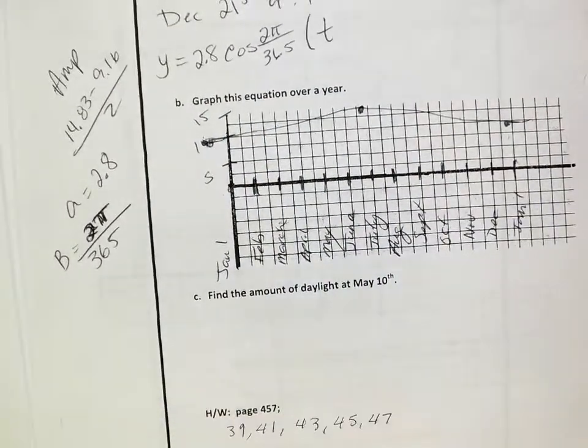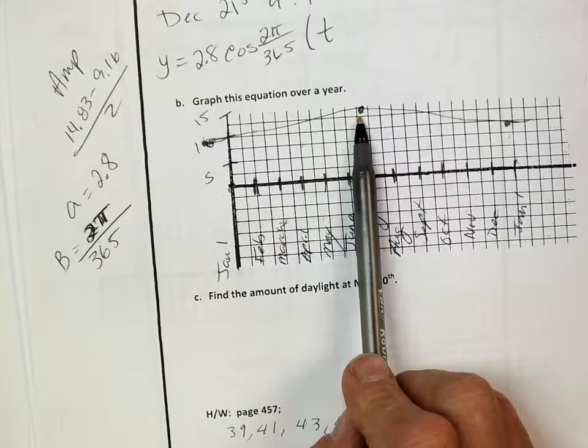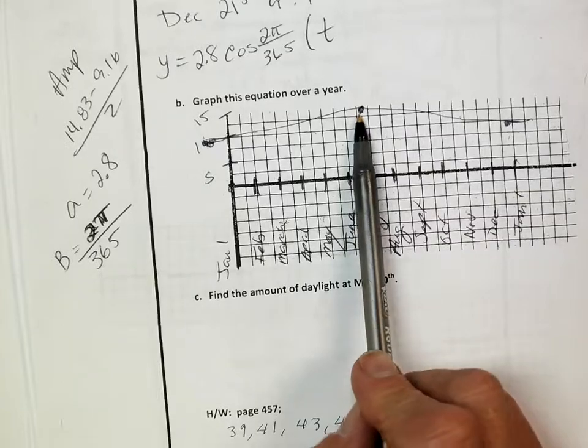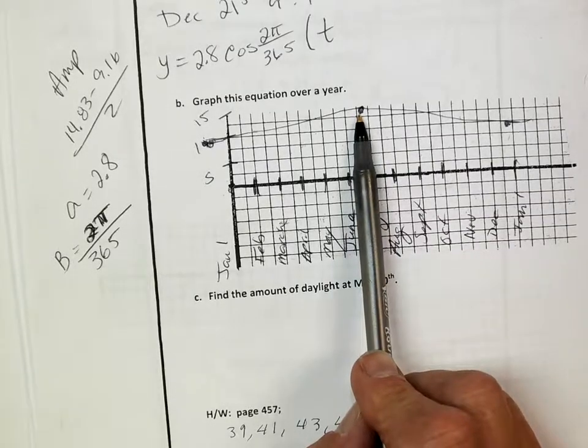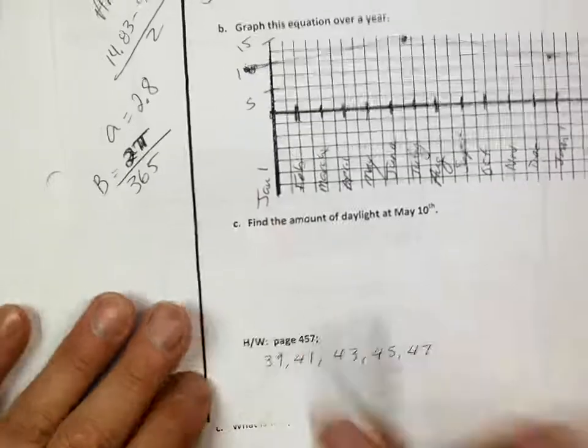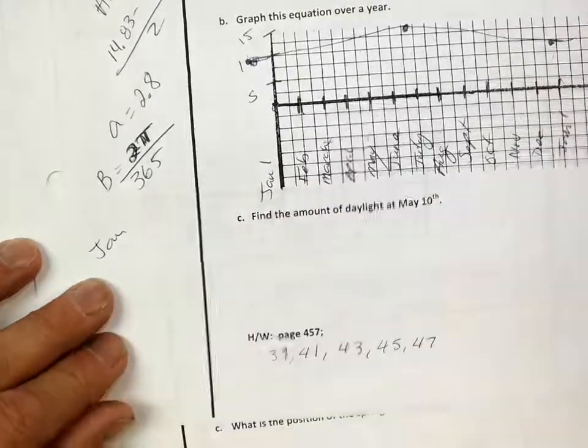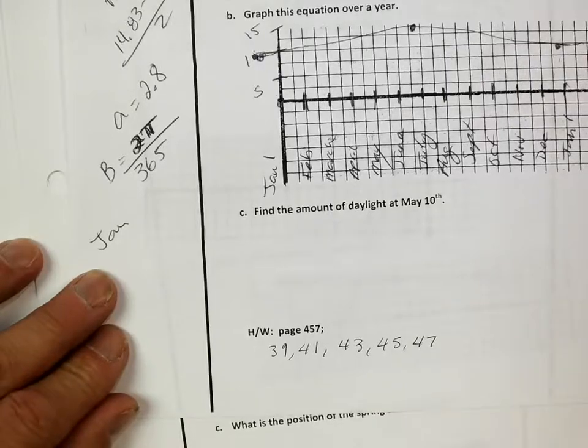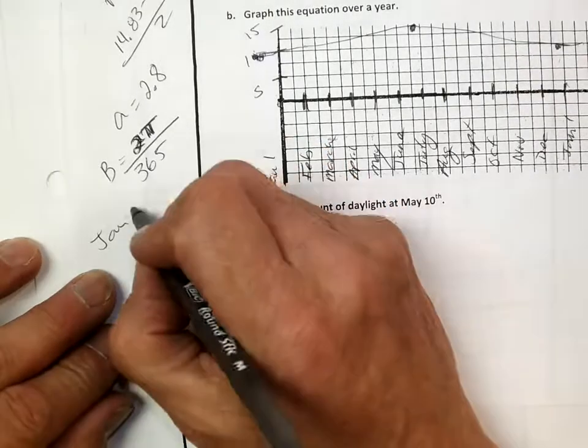Now, we got to do a little bit of math. We got to do some counting, okay? We got to figure it out. So, June 21st. How many days into the calendar year is June 21st? Okay, so let's do some math. January, how many days are in January? 31.